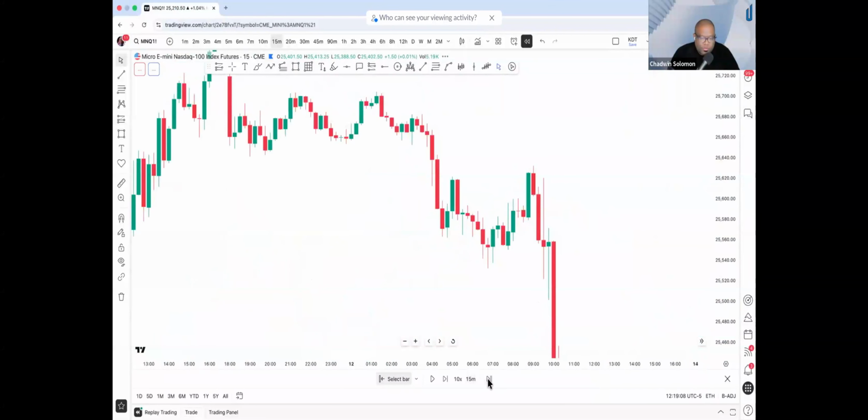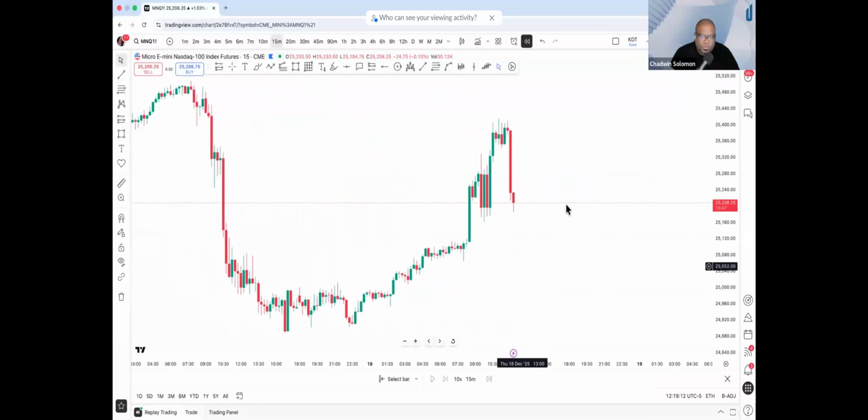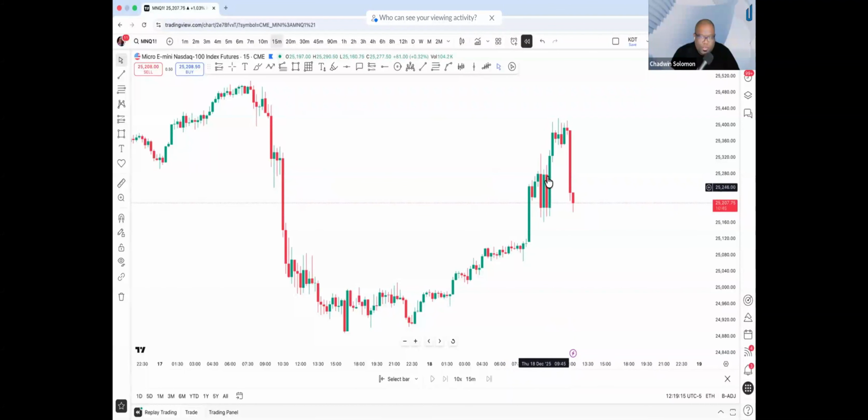Earlier, look at this, by the way. Remember what I said about that? Why did we say that this is likely going to fail? Look at how deep it's in here. And I'm not talking about the sell. I'm talking about the buy.